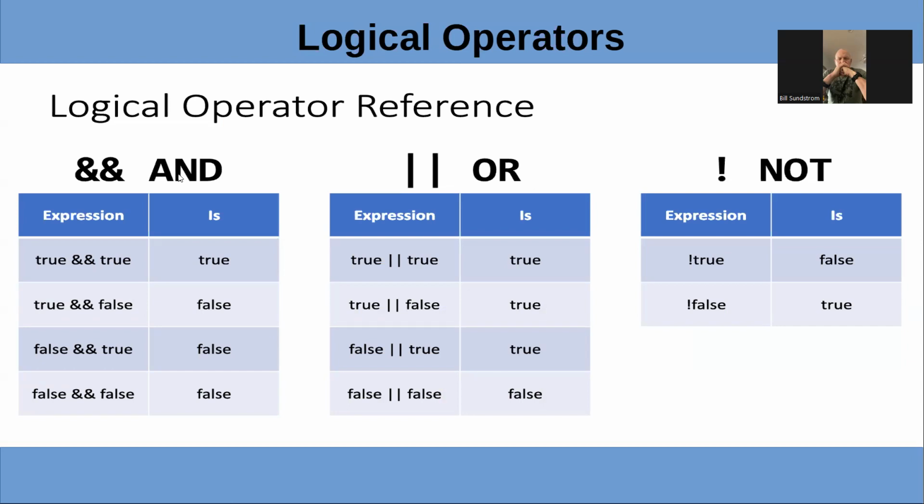Let's see. For an and, this is kind of what we call a truth table. So if I have two trues, the output is going to be true. In other words, I had a 1 and a 1, the output's a 1. If I have a true and a false, the output will be false.